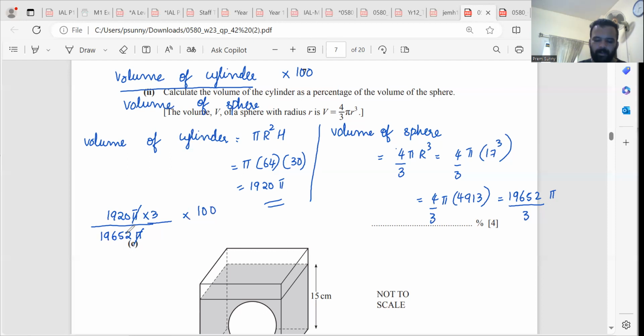So 1920 into 3 into 100 gives 576,000 divided by 19652. We get the answer as 29.3. Since the question was to find the answer in percentage, the final answer is 29.3 percent.